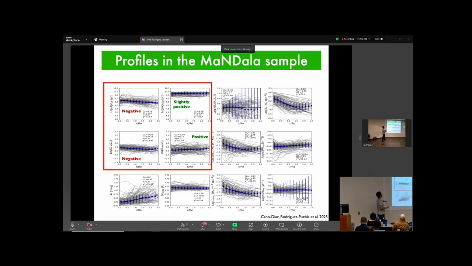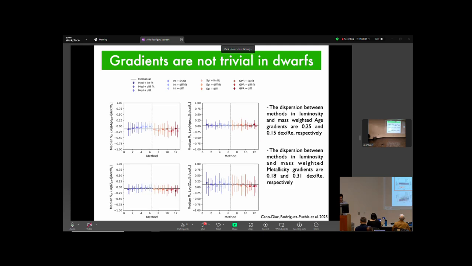So one of the interesting things that I want to highlight here is that we are computing profiles of light-weighted ages and mass-weighted ages, as well as metallicity. What we are seeing here is that while light-weighted age profiles have a negative gradient, mass-weighted age profiles have slightly positive gradients. And you can talk to me more about this later.